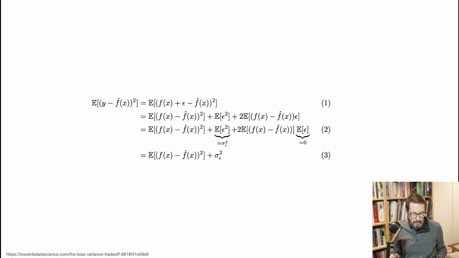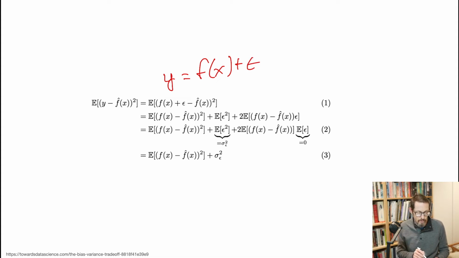So number one, because the output y is defined to be the true function plus that epsilon term, we are merely substituting y. So we're substituting that in that way.